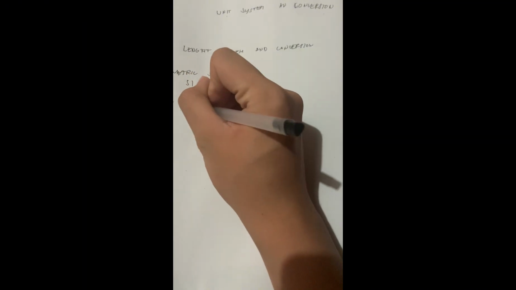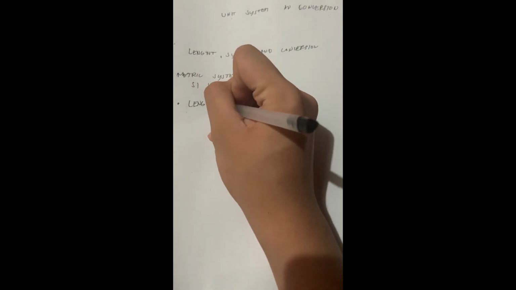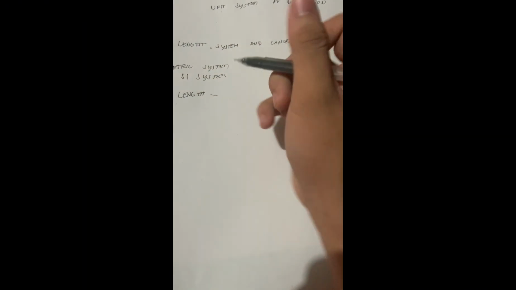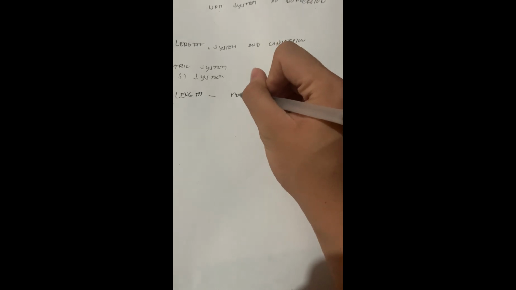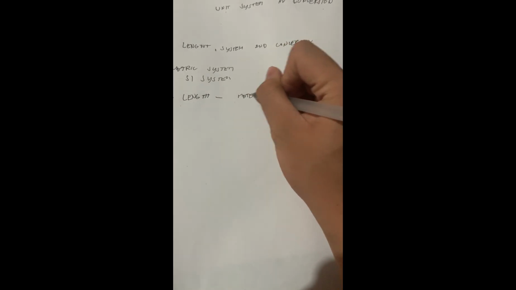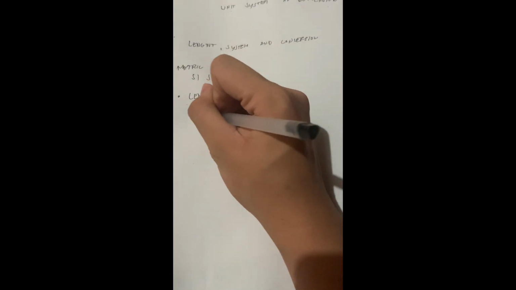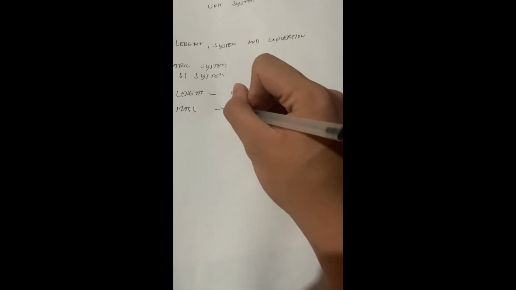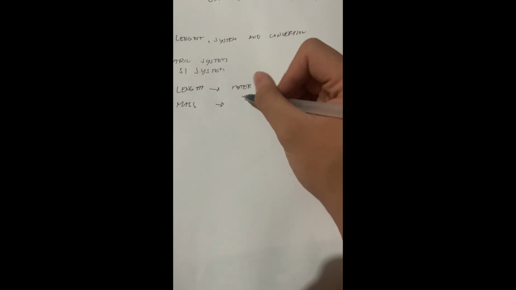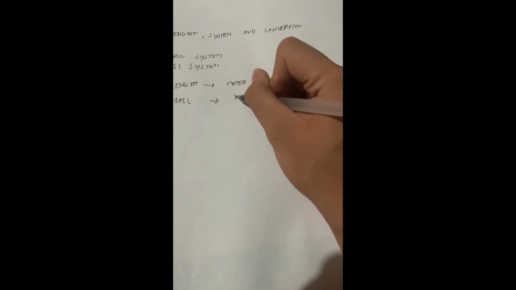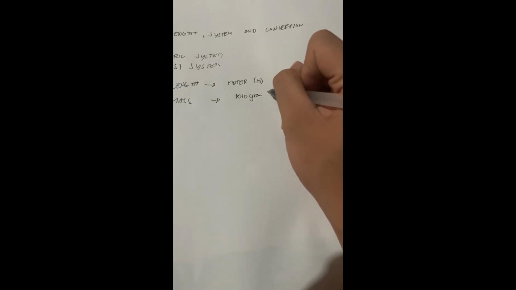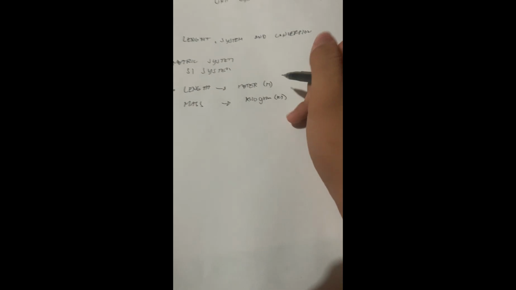So first is length, the unit is meter, or m. Next is mass, the unit is kilogram, or kg.